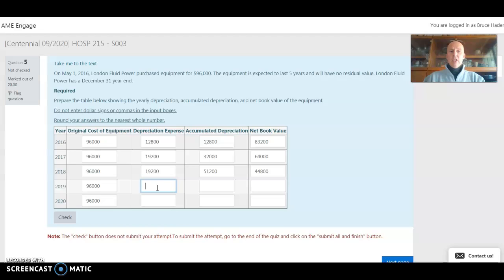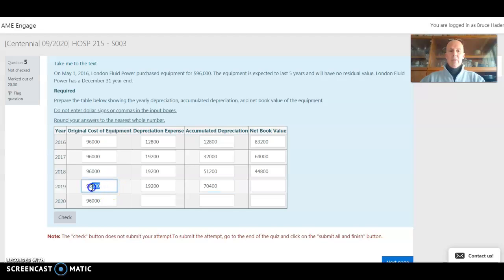In the year 2019, again, 12 months, so we still have our equipment in full use, depreciation $1,600 per month. So we have a depreciation expense for 2019 total of $19,200. We add that to our accumulated depreciation from the previous year, so $51,200 plus $19,200 equals $70,400.